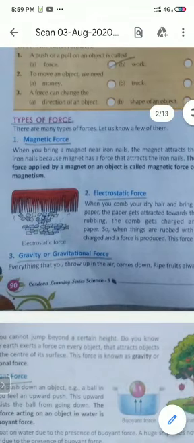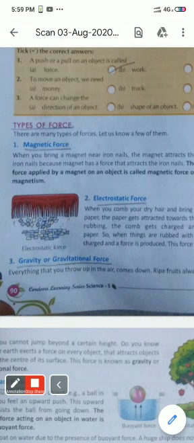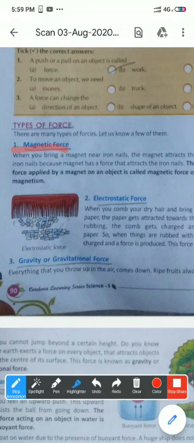Now, how does this attraction happen? Whenever we are putting any nail around a magnet, it immediately pulls it towards the magnet.